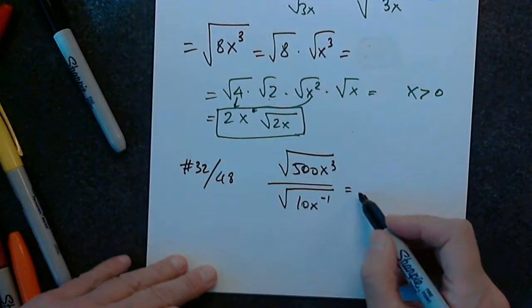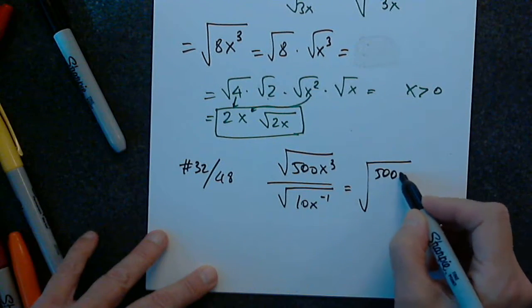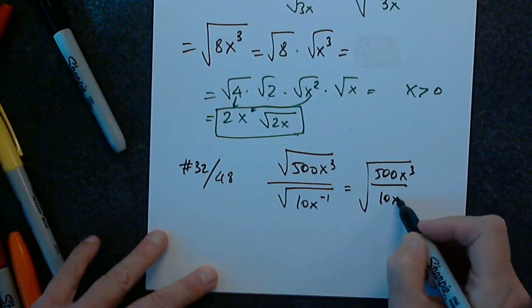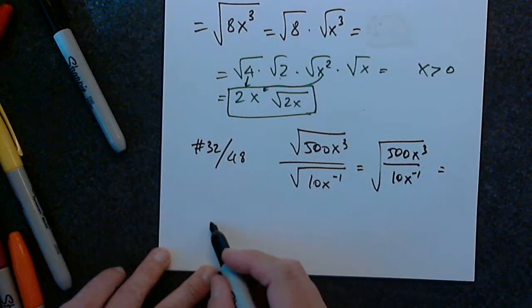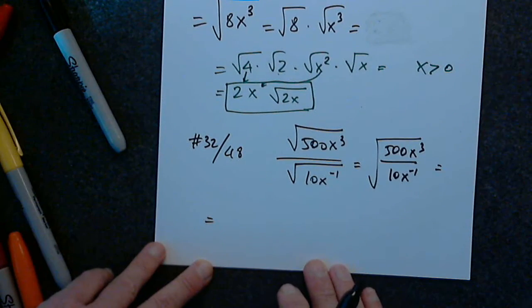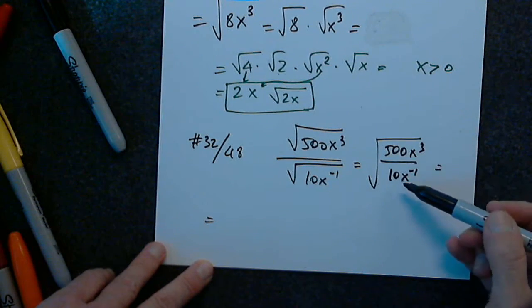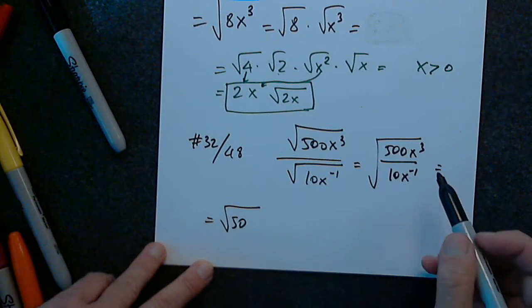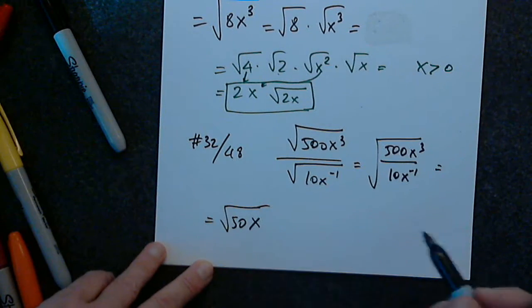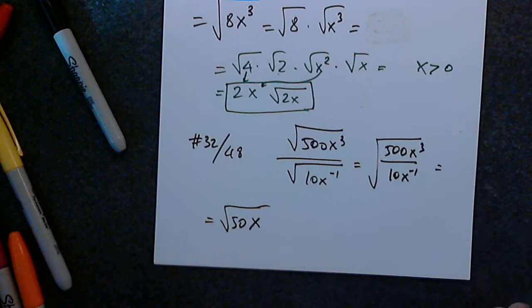So this is the square root of 500x cubed over 10x to the negative 1. 500 over 10, 50. And now careful, we copy the base. And what happens to 3 and negative 1?